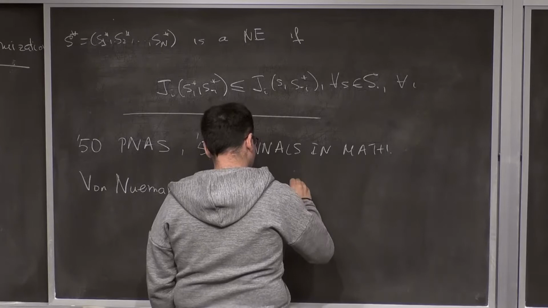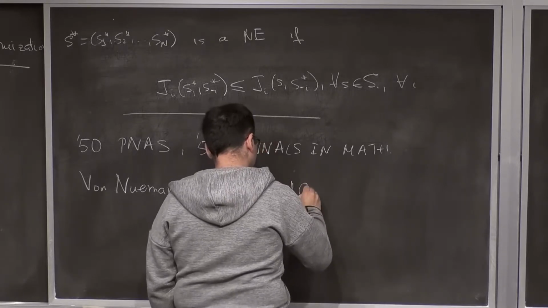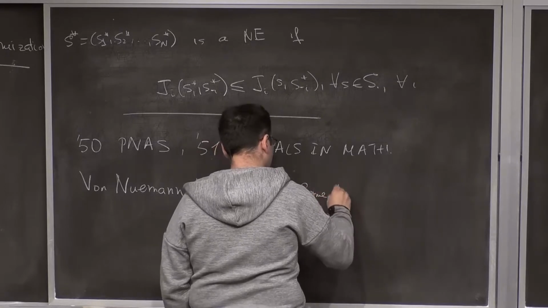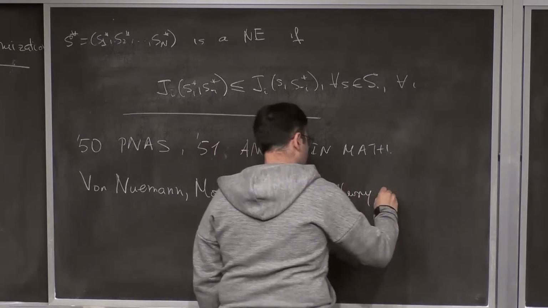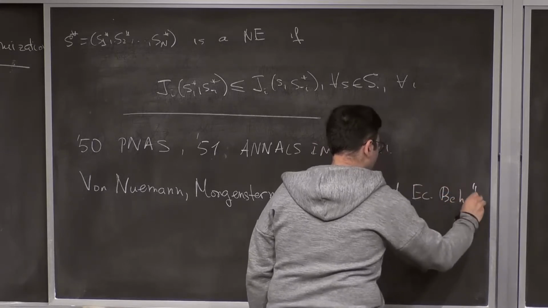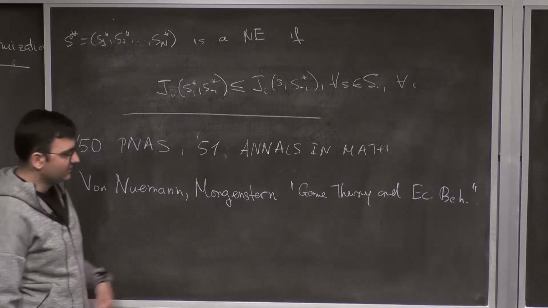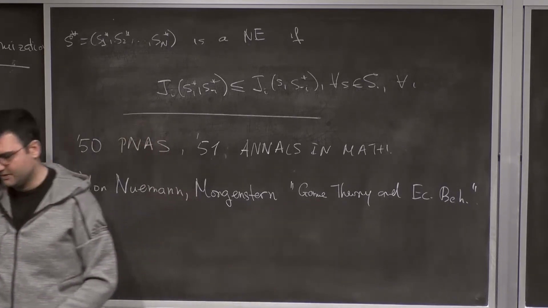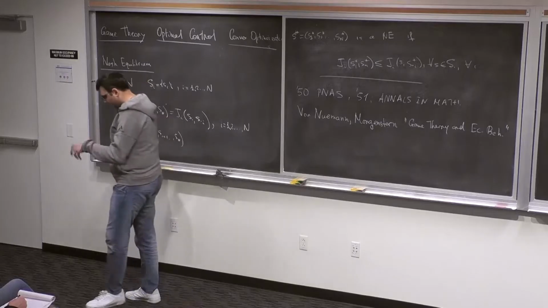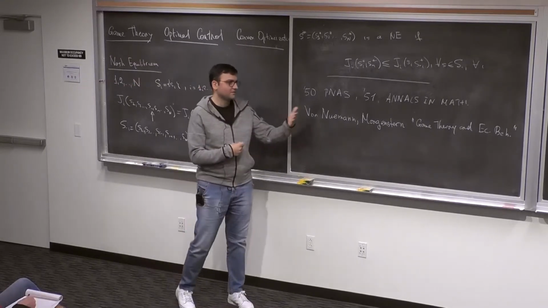So I think it's game theory and economic behavior, if I'm not mistaken, which was where they wanted to study, try to do mathematical analysis of equilibrium of game theory and thus economics.